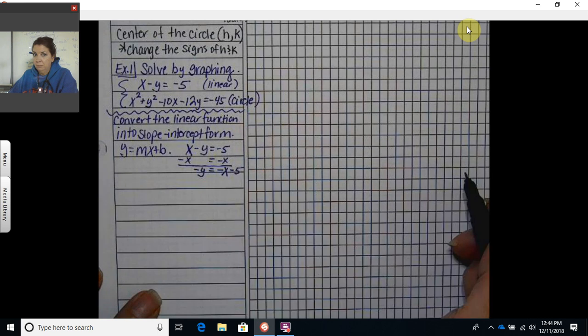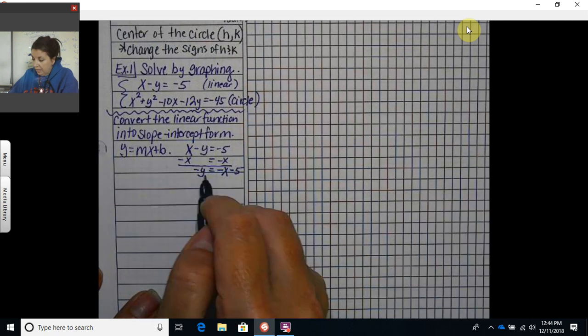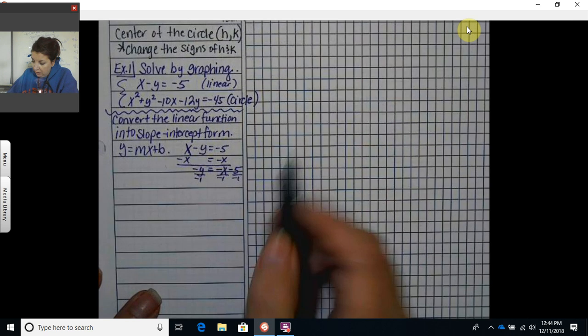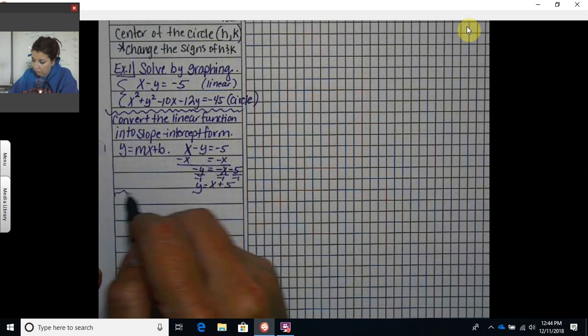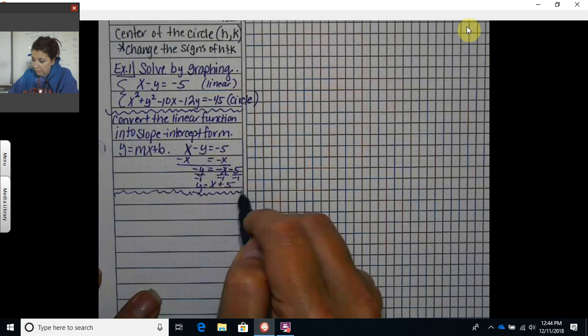No. What do I need to do? Change the signs because y can't be negative. So I could divide every term by negative 1 or multiply every term by negative 1. Either way, I'm going to get the same thing. So that would give me y equals x plus 5. So I'm going to graph that. What's my y-intercept in this function?